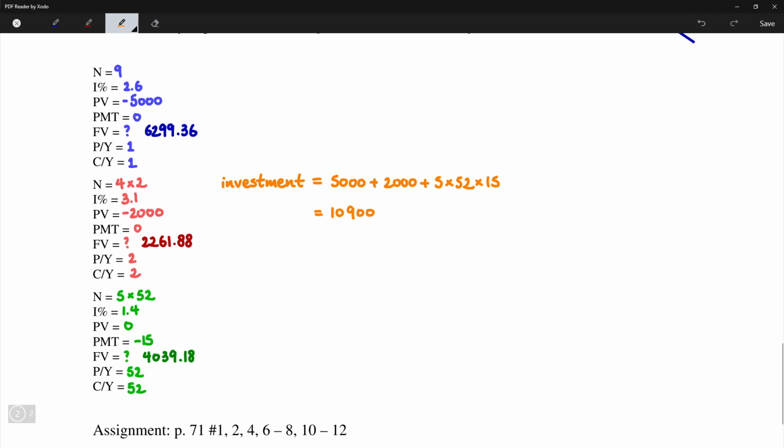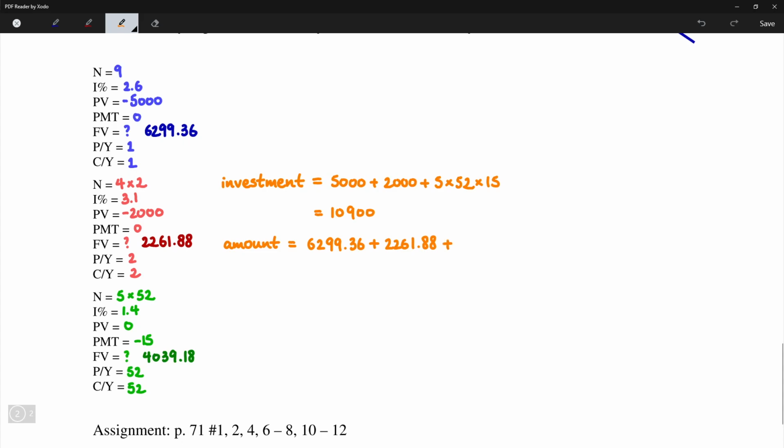And of course, we have to find out the amount of money that the portfolio is worth right now. So that would be $6,299.36 for the first component. The second part, we have $2,261.88.